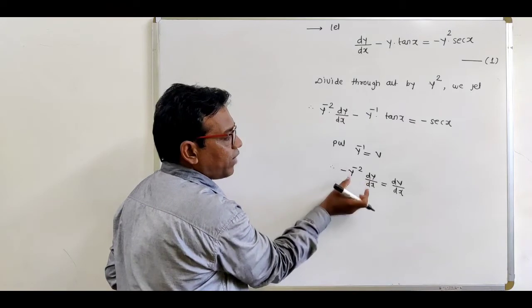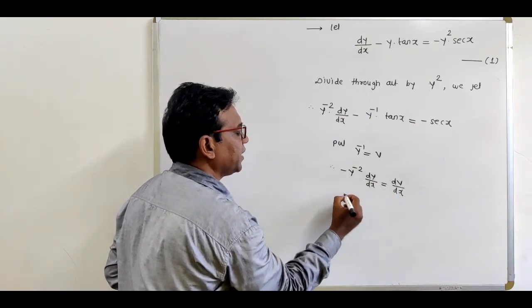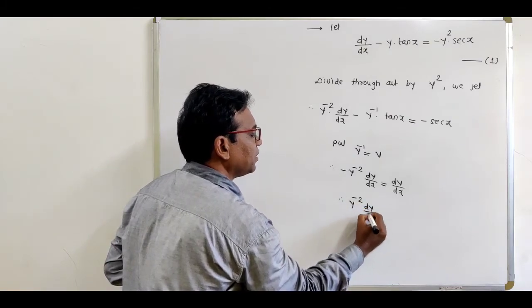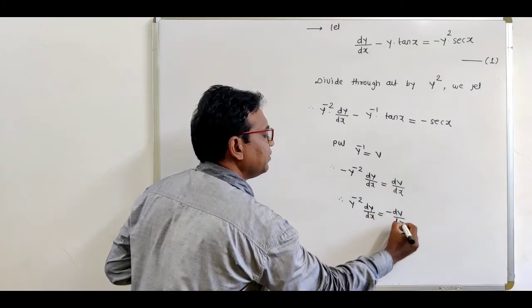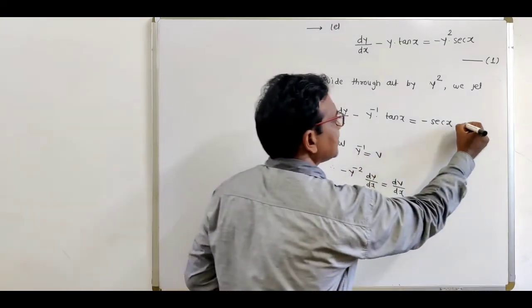Now we require the term y raised to minus 2 into dy by dx, so just transform this negative term. So y raised to minus 2 into dy by dx is equal to minus dv by dx. Put these values in the second equation.